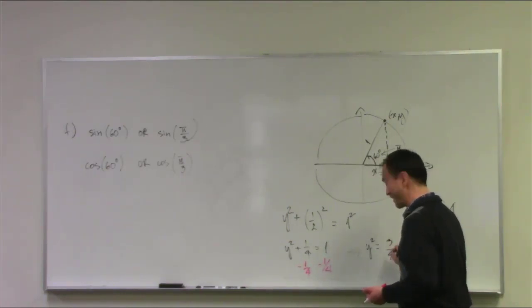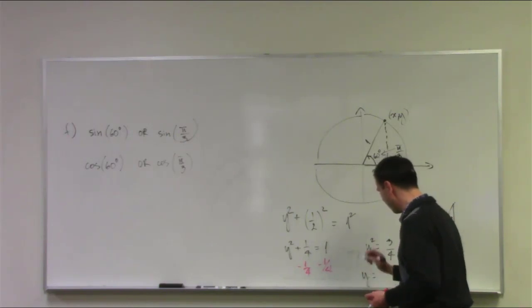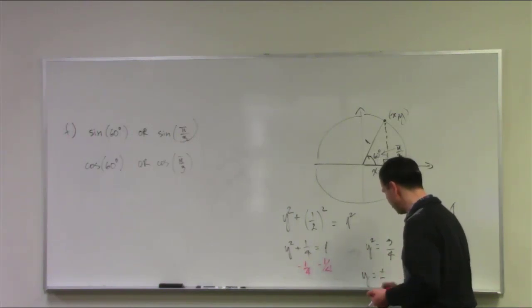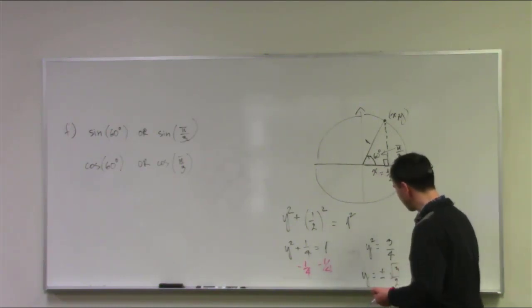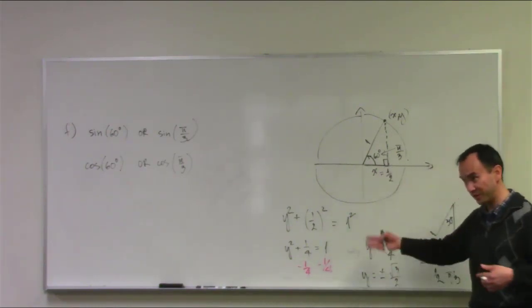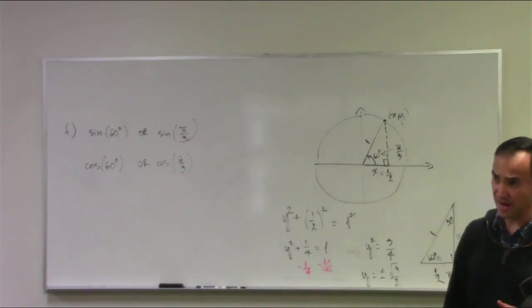Good. So calculating the value of y, it's positive or negative square root of 3 over 2. Technically it's the square root of 3/4, but we did the exact same math on the square root.